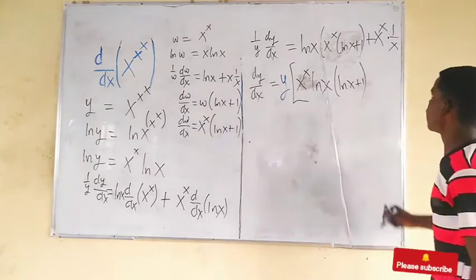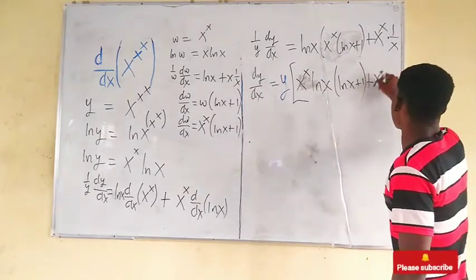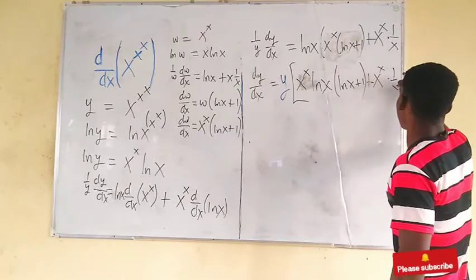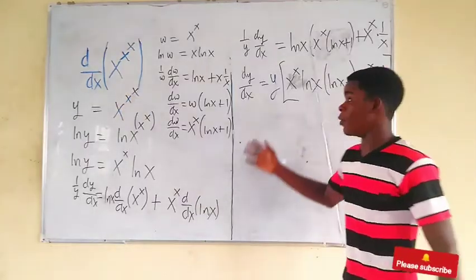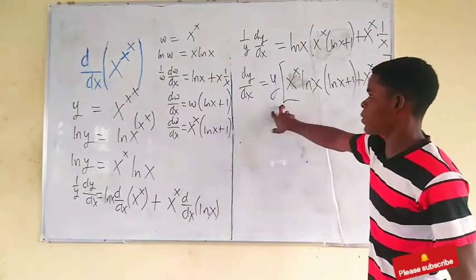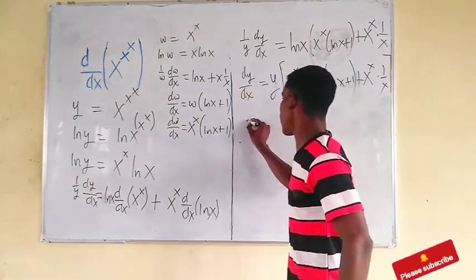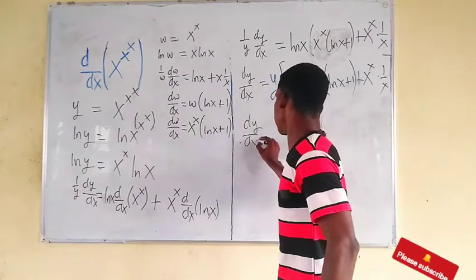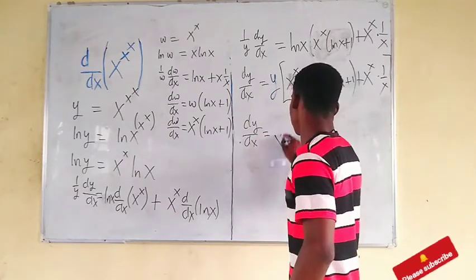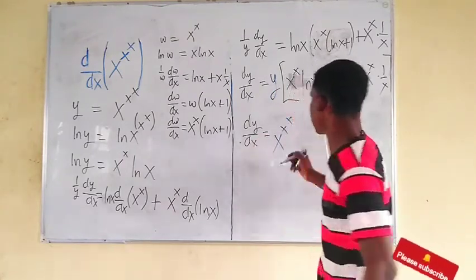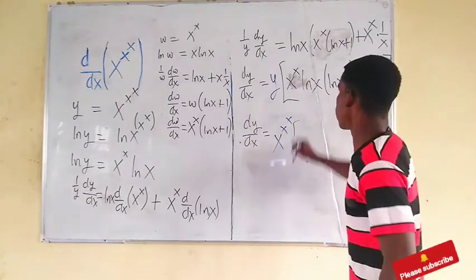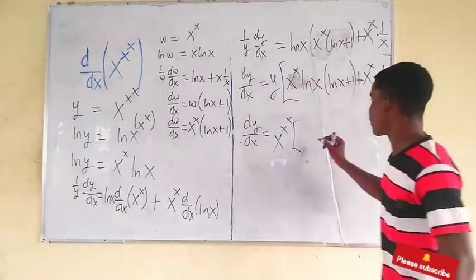I'm going to split it. Well, here is just x to the x power times 1 over x. Well, right here, I'll just go ahead and get y to be x to the x to the x. So I'm going to have dy dx is equal to x to the x power, and that again. And we have x to the x ln x, like that, right?